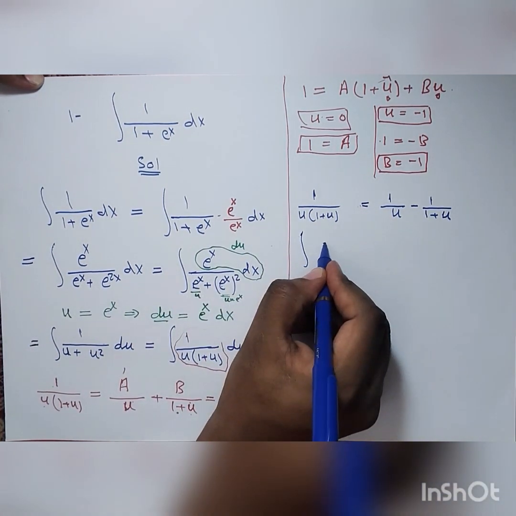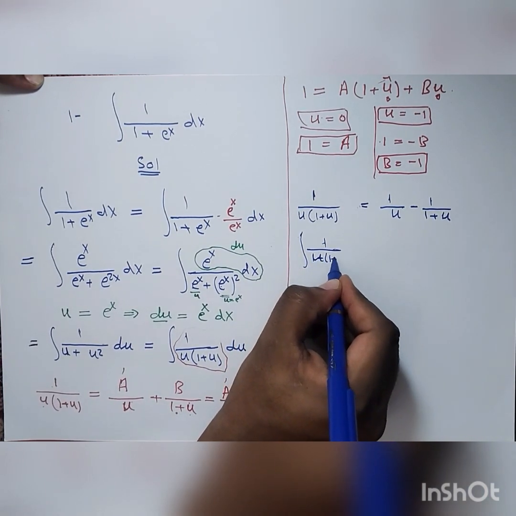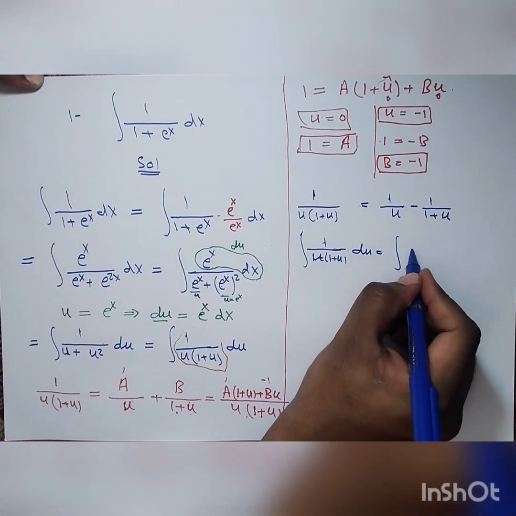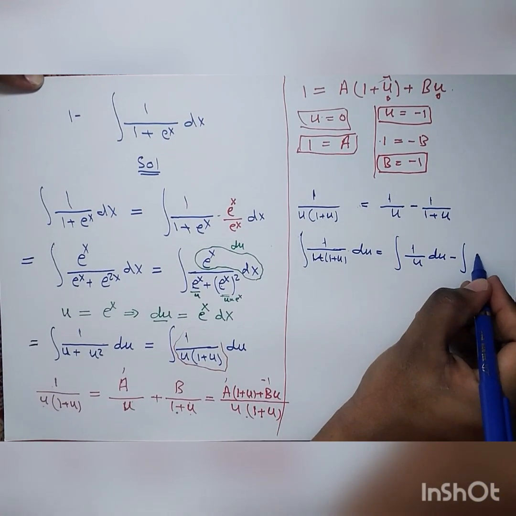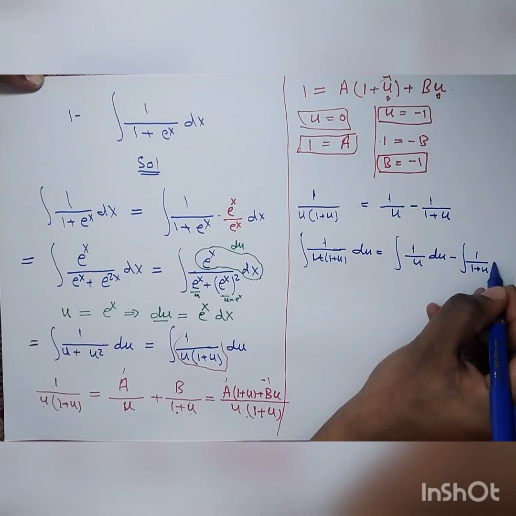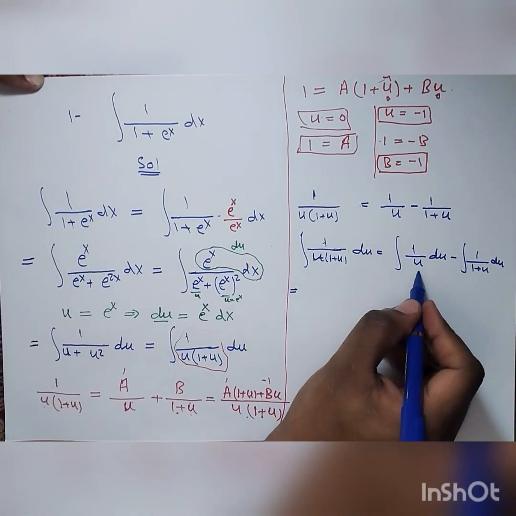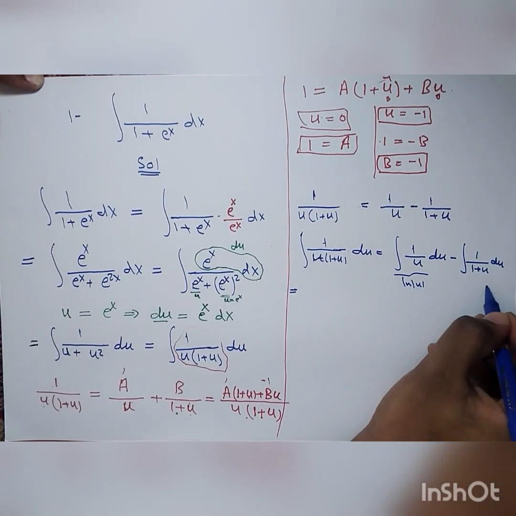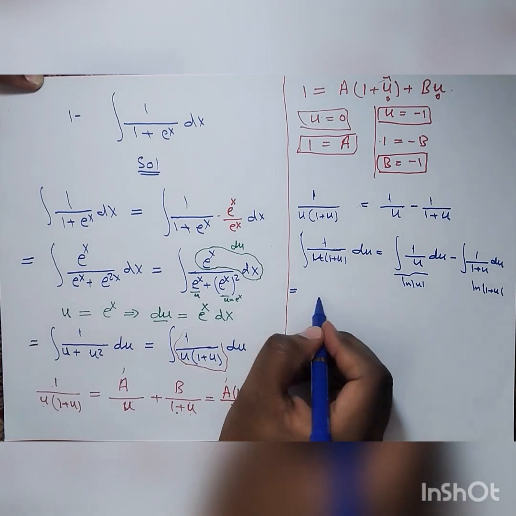So the integral of 1 divided by u times (1 plus u) du is equal to the integral of 1 divided by u du, minus the integral of 1 over 1 plus u du. The integration is linear, so now we have everything.